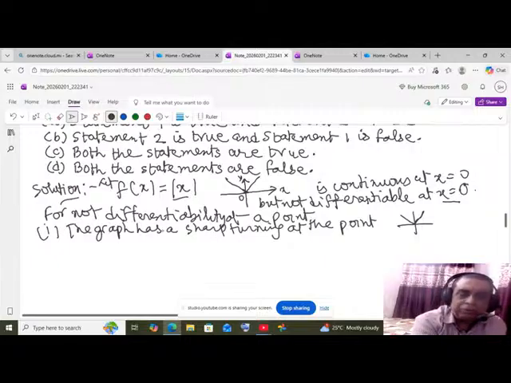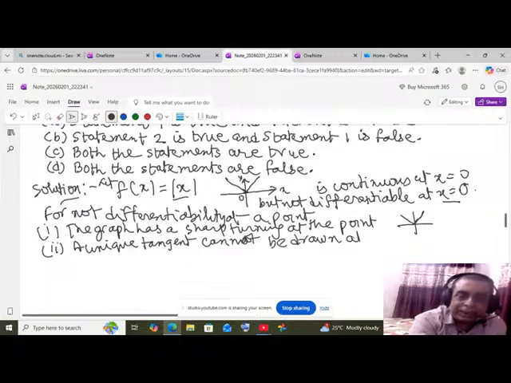Now the second condition is that a unique tangent cannot be drawn at that point.